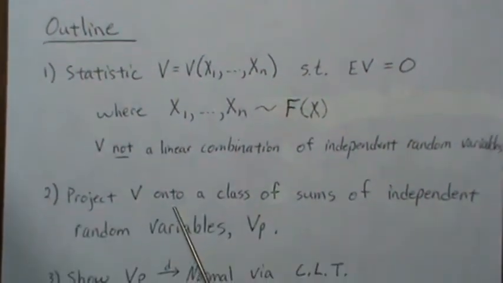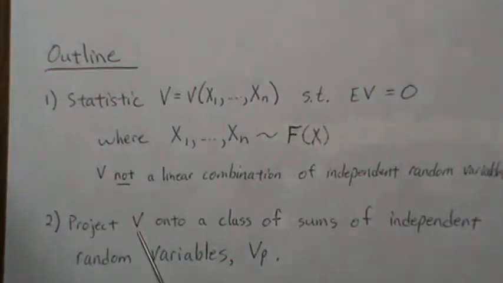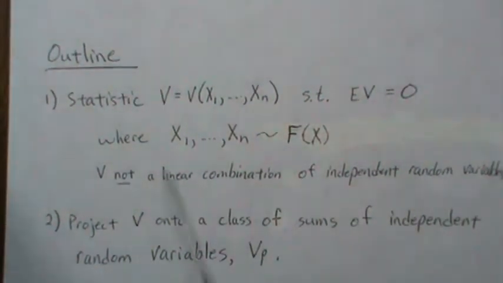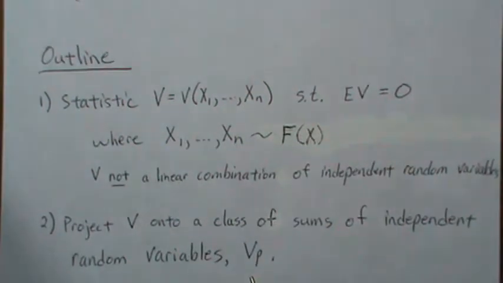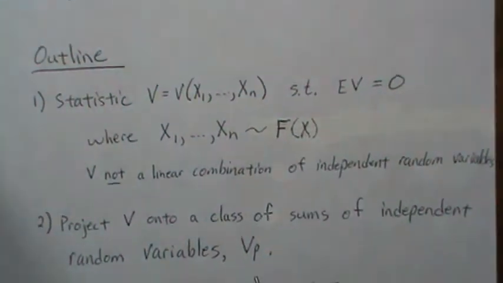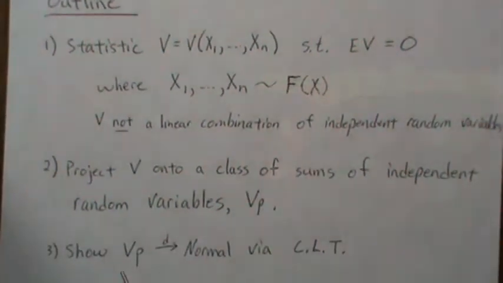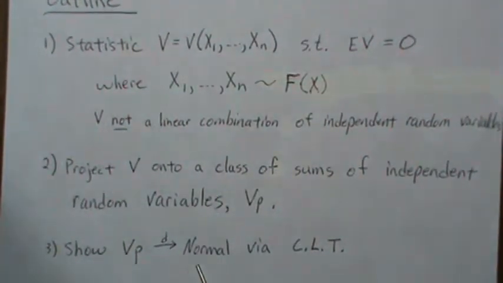So what we do is we take our test statistic, our random variable, and we project it onto a class of sums of independent random variables. And that projection we're going to call VP. And then, because VP is the sum of independent random variables, we can use the central limit theorem and show it approaches normality.